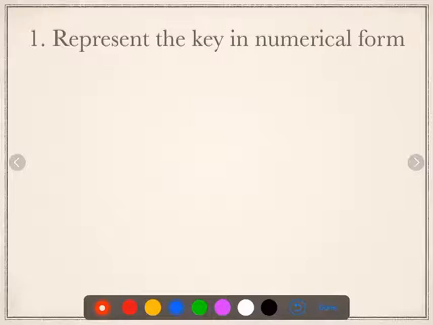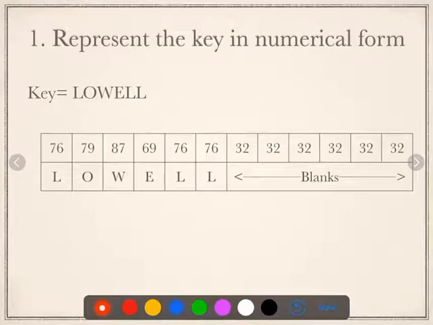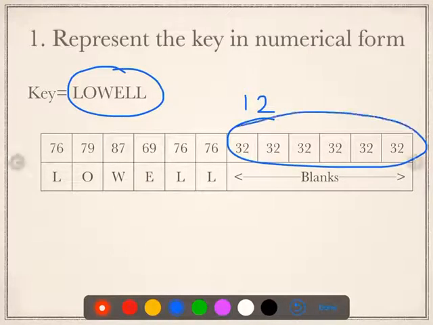So first one is to represent the key in numerical format. So let us say the key we have is Lowell. To convert it into a numerical format, we are just taking the ASCII values of the characters. In our example, we are fixing the key length as 12. Since your key is only 6 string length, we are going to fill the other 6 characters or spaces with blanks.